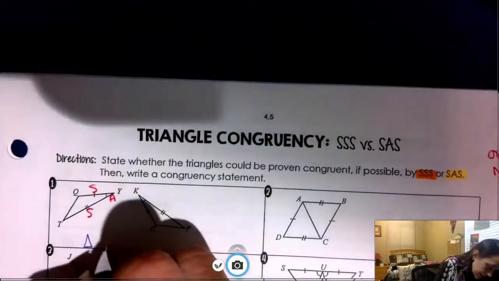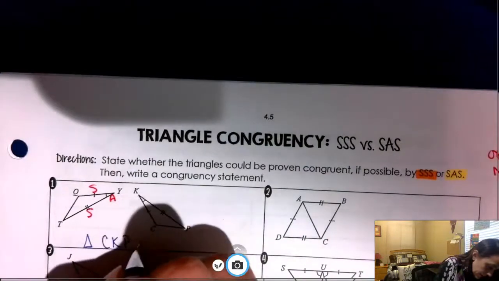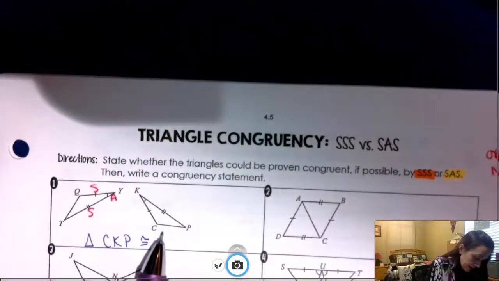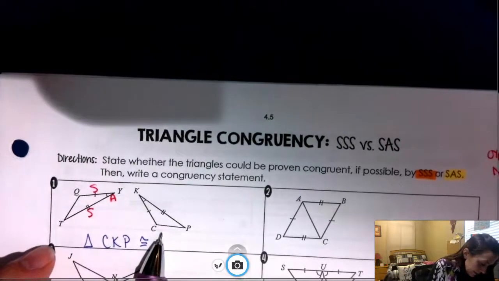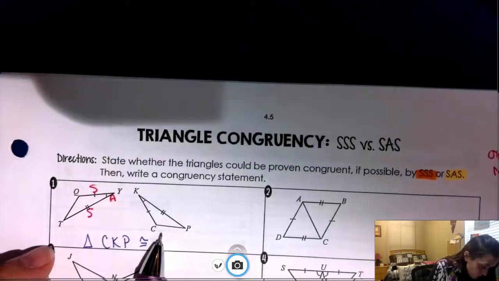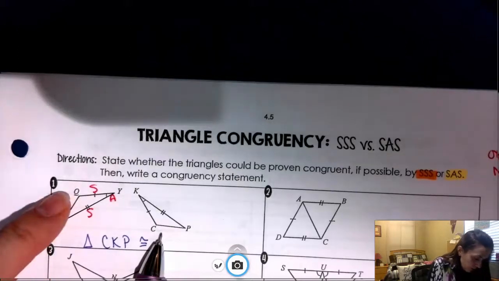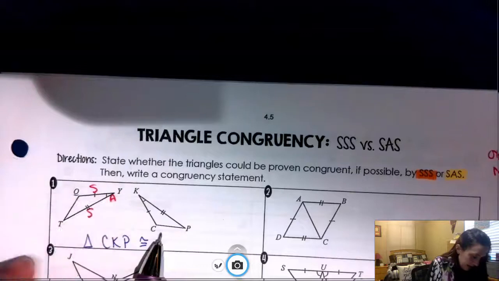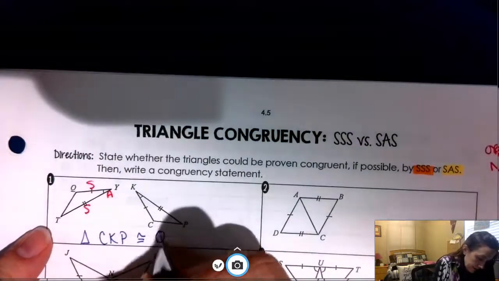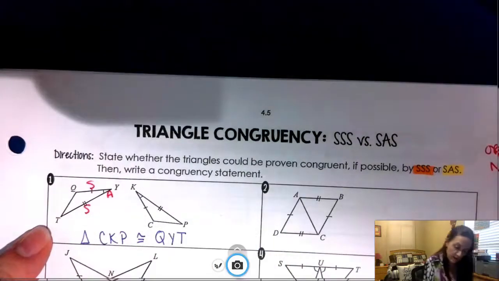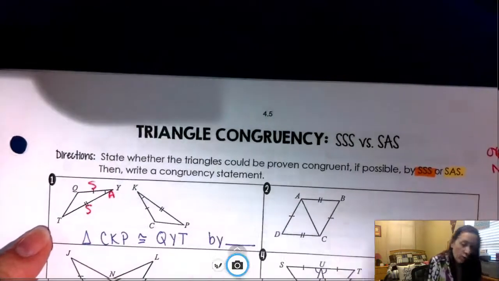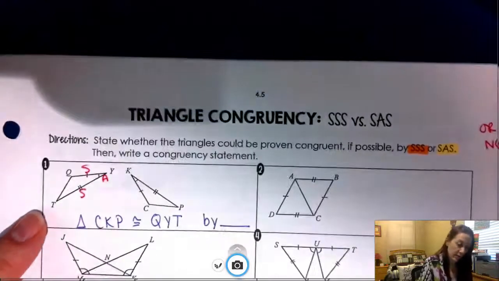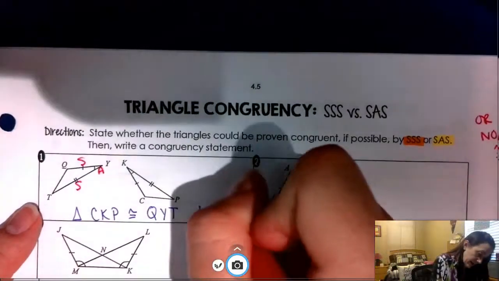I'm going to call this CKP, is congruent to, starting at C, I would also want to start over here at Q, and go to YT, QYT. Now I'm going to have to say by one of these reasons. So this one is side angle side.